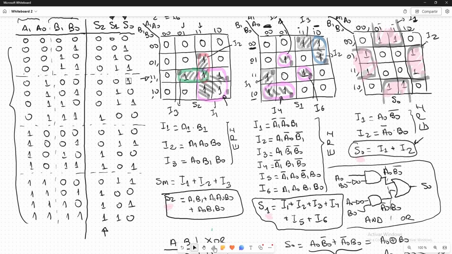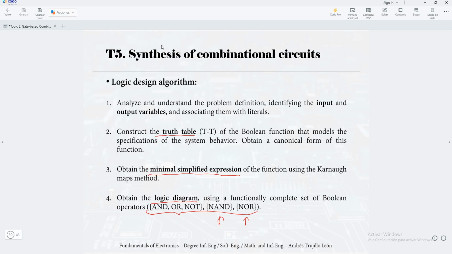Okay? So we are going to always proceed following this reasoning for all the possible problems that we are going to find when designing combinational circuits.